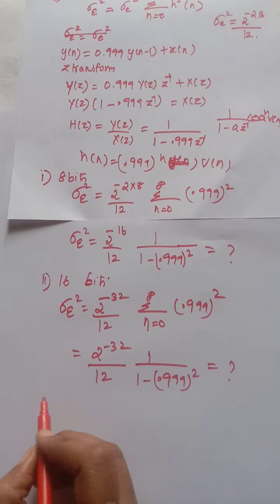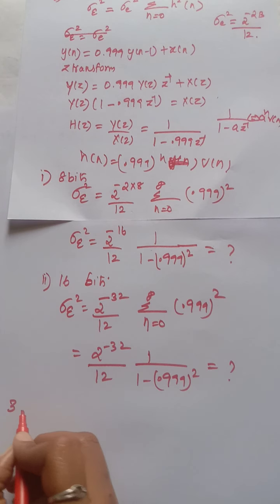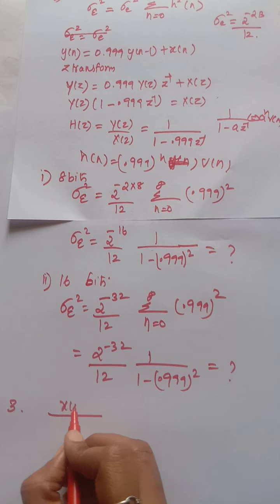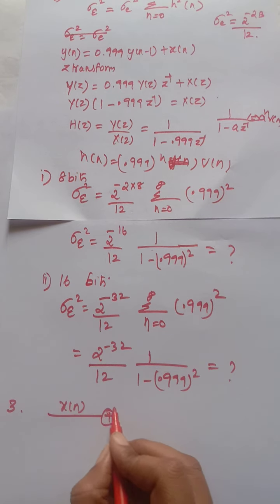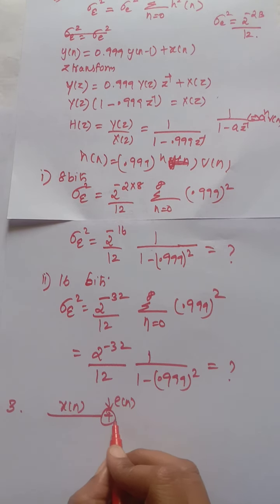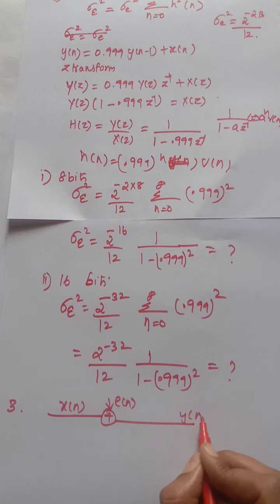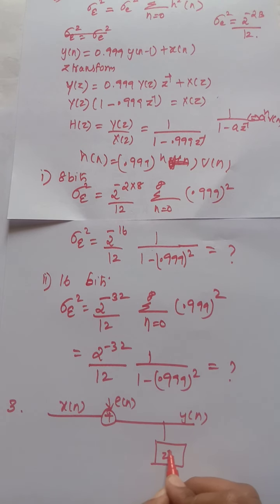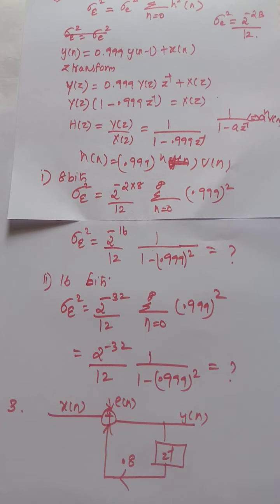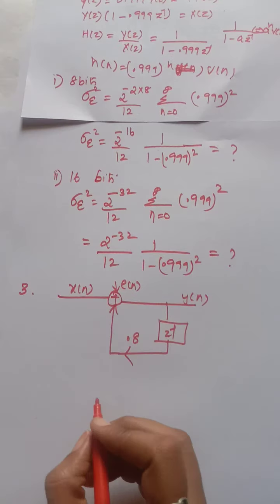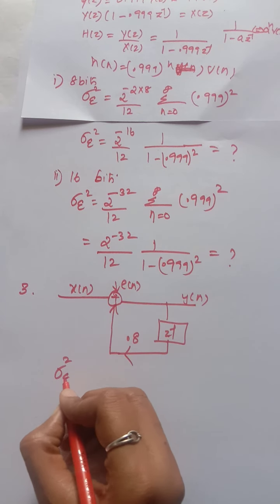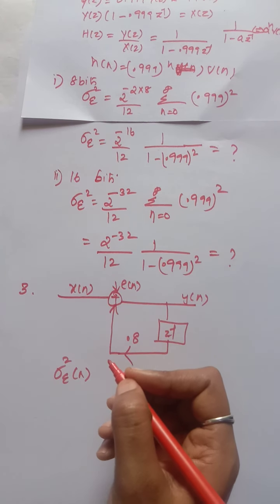And I will also give another problem. Consider x of n and e of n is given. So this is your y of n, with z inverse multiplied by 0.8 and given to the system. Now you need to find the output variance sigma square of e of n for this system.